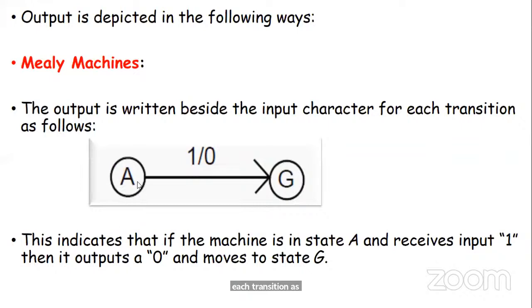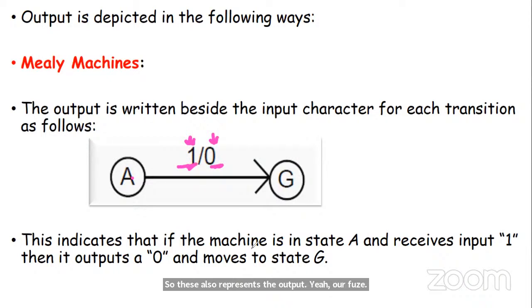You have state A, you receive an input of 1, this other one is the output, you output 0, and you go to G. So this is how to represent the output: input, output.